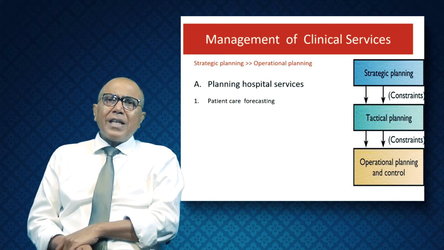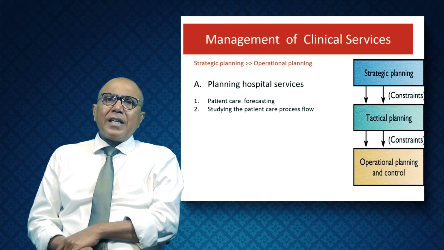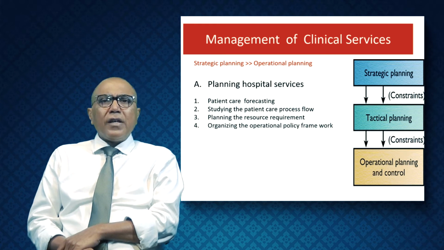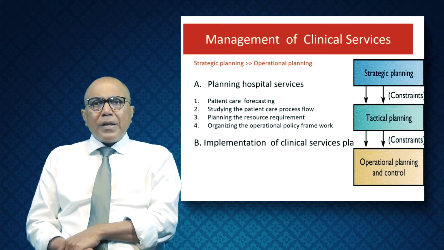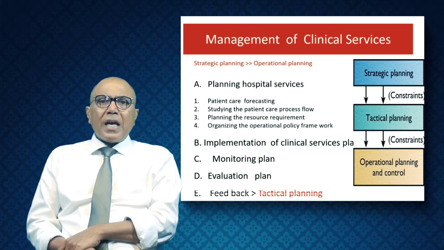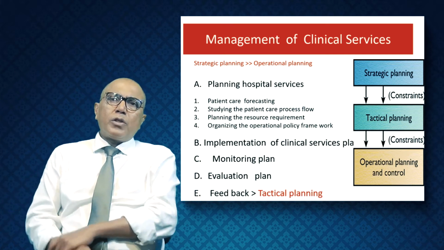So basically we do patient care forecasting first, and then study the patient care processes, then plan the resource requirements, as I told you before, then organize the operational policy framework. Then you implement the service plan, and then monitor the plan, evaluate the plan, and then of course feedback, and then tactically you change the processes.